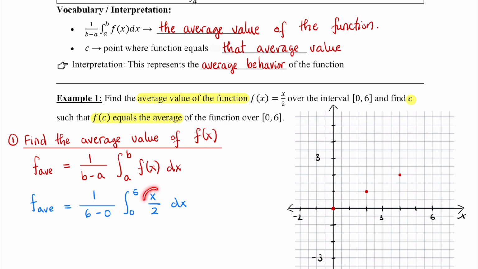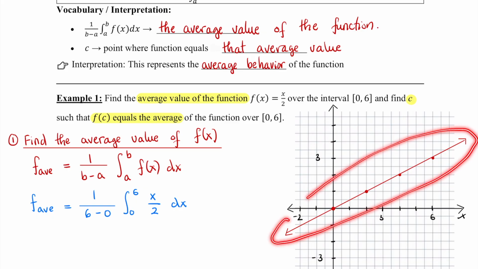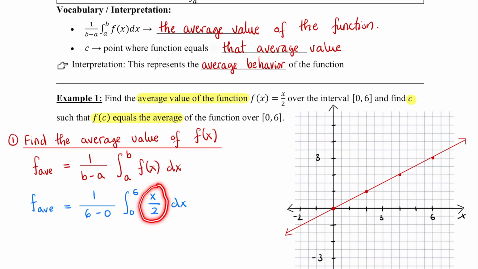And when x equals 6, f of x equals 3. So this red line is the graph of f of x equals x over 2. And we want the region under this line from 0 to 6. So we want this area.